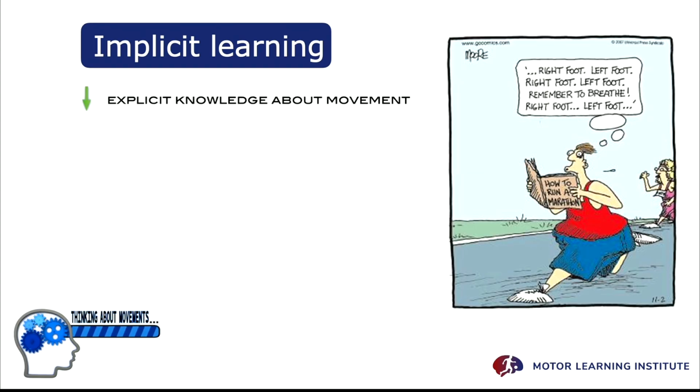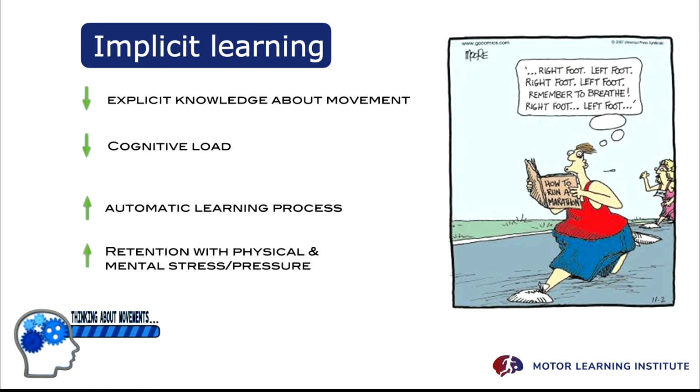Because with implicit learning, there's less explicit knowledge about the movement, but patients are still performing the movement, with less cognitive load. So we stimulate a more automatic learning process, and it leads to enhanced retention under both physical and mental stress or pressure, and that's really a good thing when we think about going back to the game, for example.